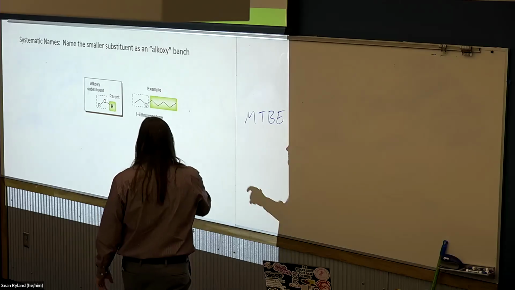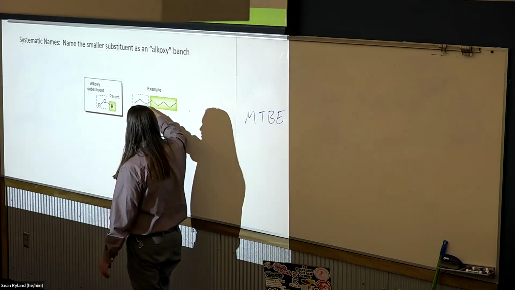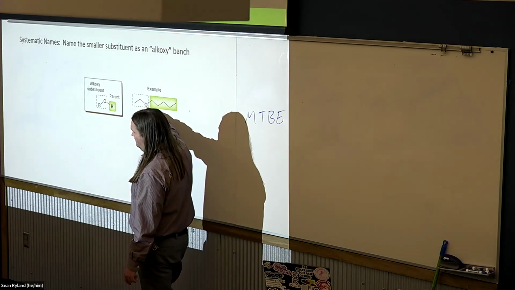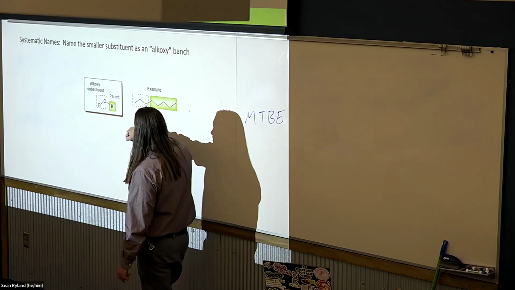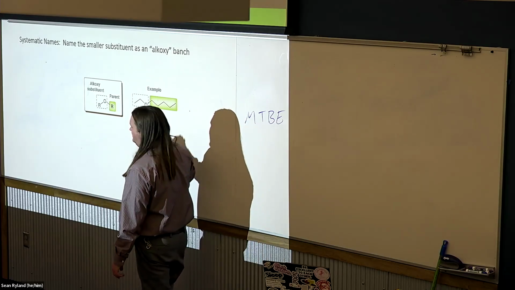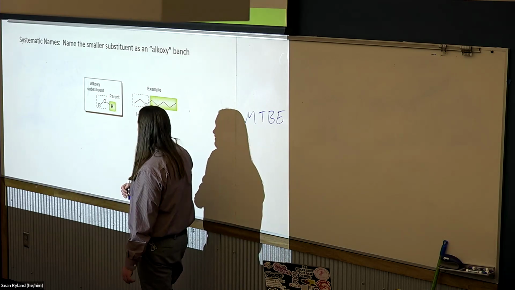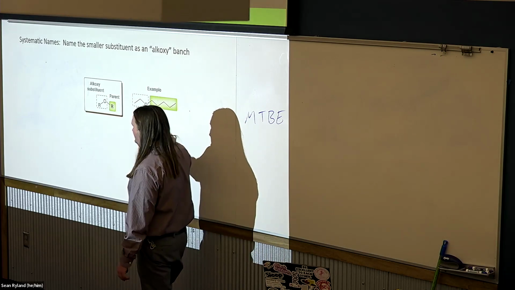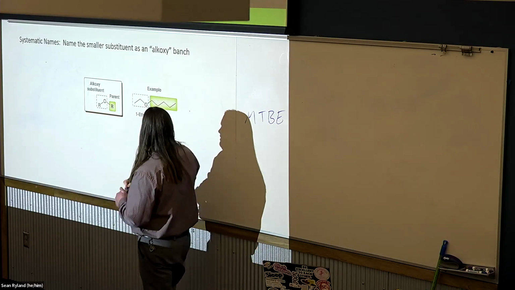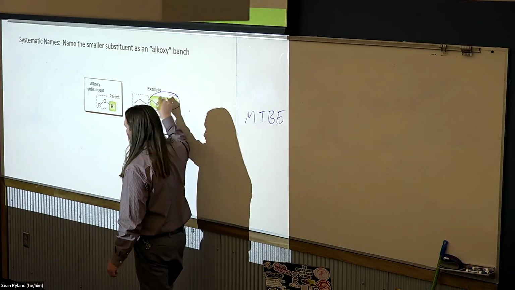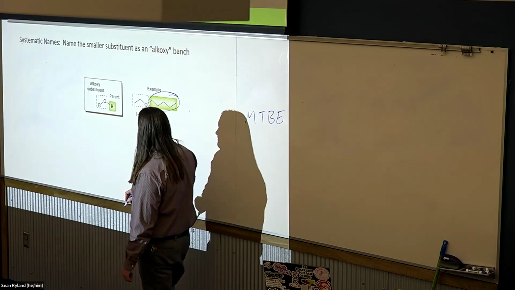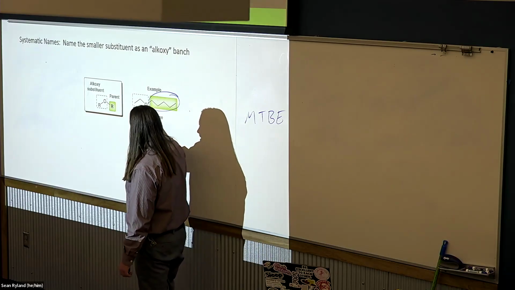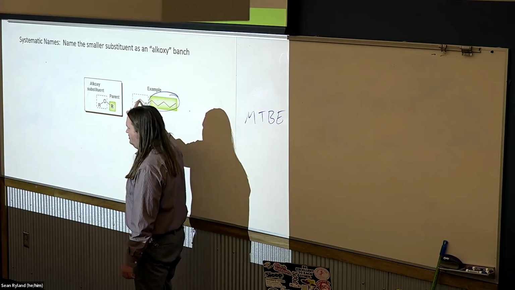The way that this molecule would have been named previously would have been ethyl pentyl ether. The IUPAC name now is ethoxypentane. So there's our parent molecule, pentane. And then we have this oxygen with 2 carbons.